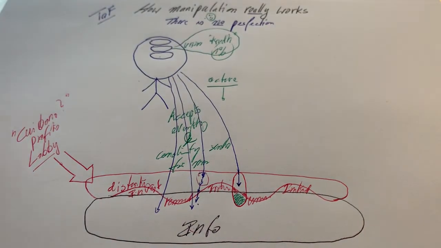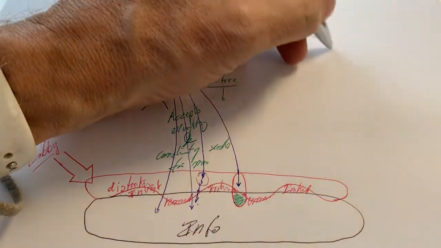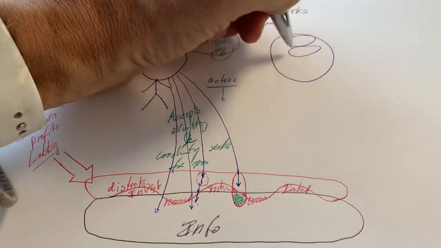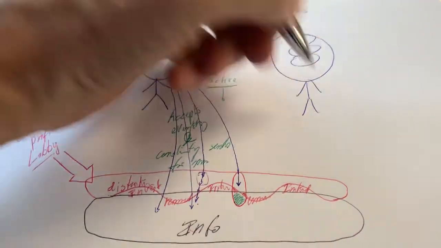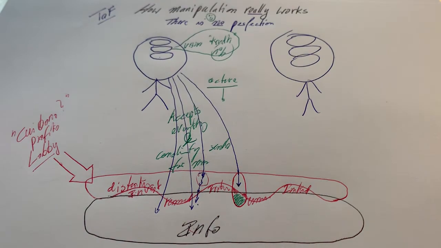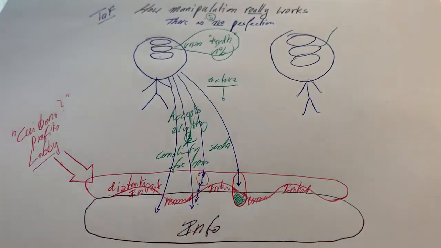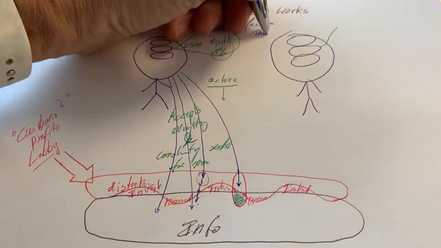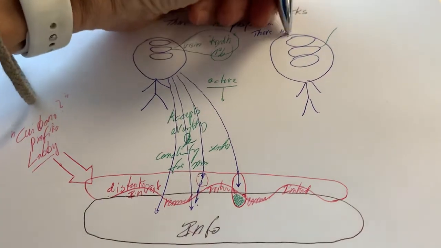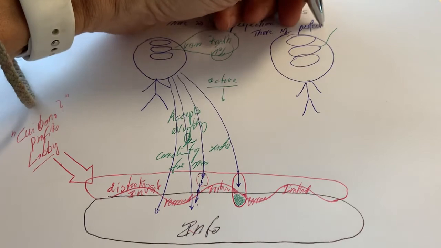deliberately distorted. Now, if I look at another person, and again, the 3-brain model, if this person has in his belief system, there is perfection. Yeah?